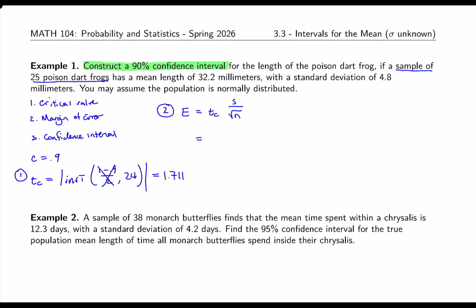So in this particular case, it would be 1.711 times the sample standard deviation, which was 4.8 millimeters, divided by the square root of the sample size, which is 25. So this is where it gets a bit confusing. You use degrees of freedom here, but this is, in fact, your sample size, n. So the formulas tell you what to put. You just have to read the formulas and listen to what they're saying.